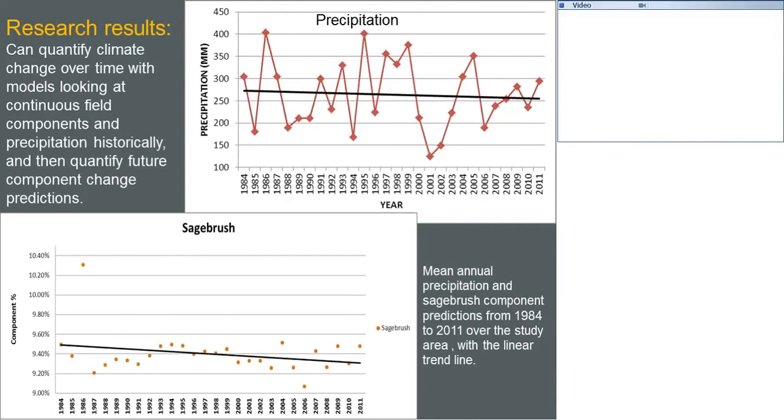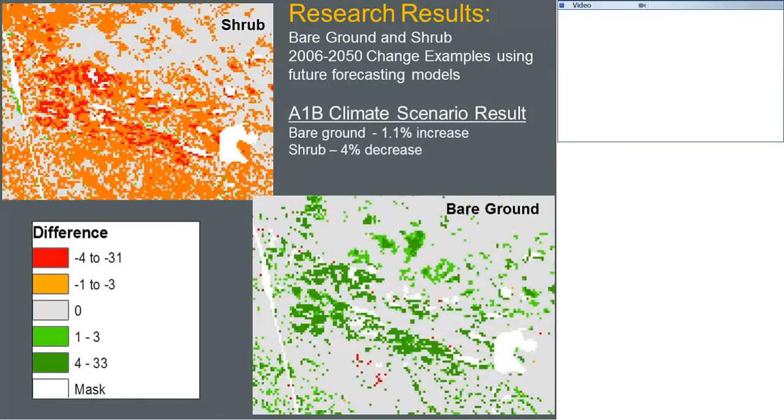Cell by cell, we can model this relationship and develop a slope, and using forecast precipitation into 2050, start to show you cell by cell where we think, depending on the precipitation scenario, the amount of bare ground and the amount of shrub and sagebrush and other things will be on the landscape.